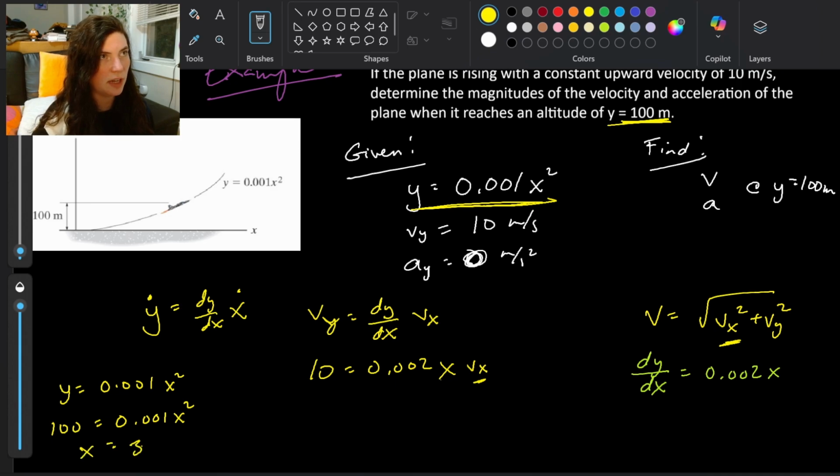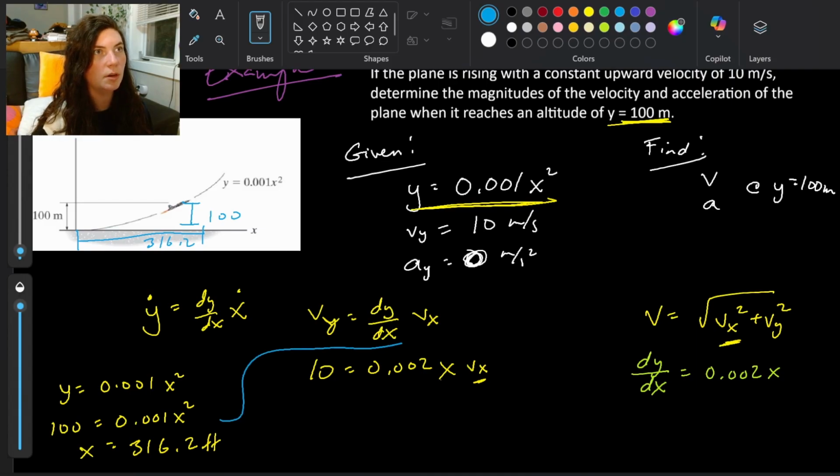Plug that into a calculator and I get 316.2 feet. So when y is 100, I get this x value here, where the plane is, of 316.2. And that's the x that I'm going to plug in here.